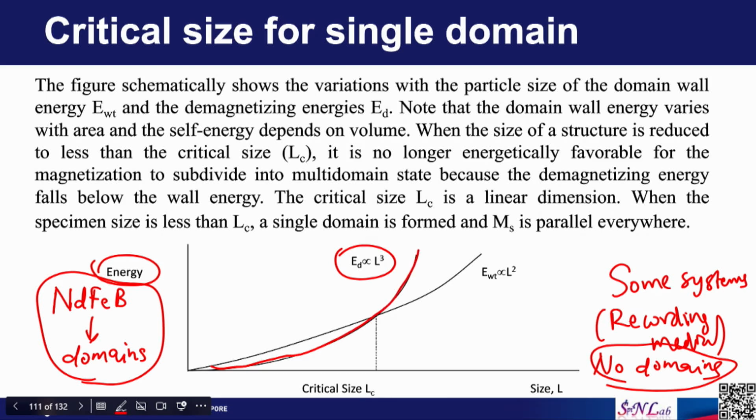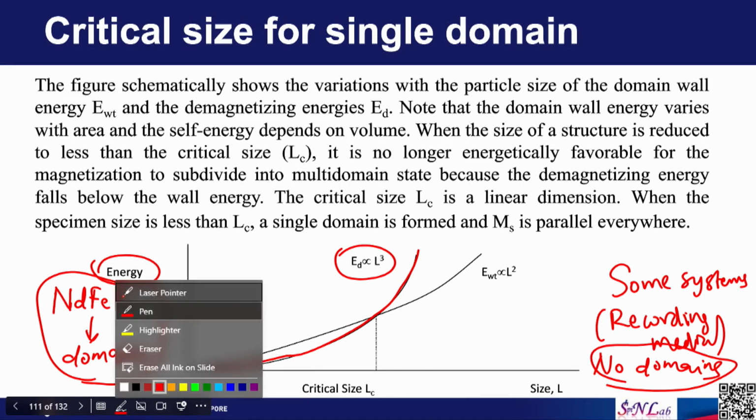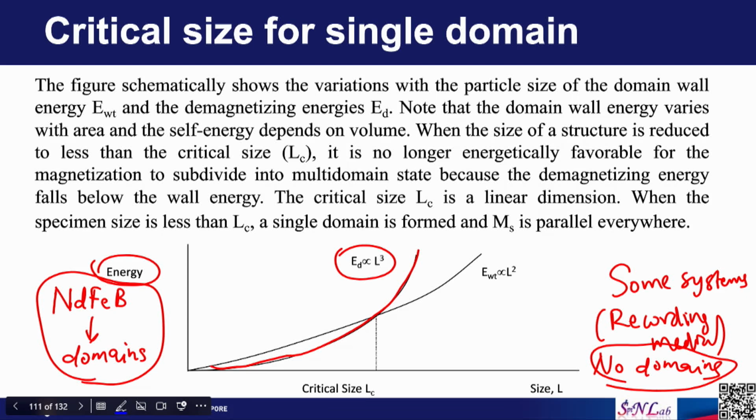It goes as L to the power 3, whereas the formation of domain wall has an L squared dependence. So here you can imagine a cube, for example.